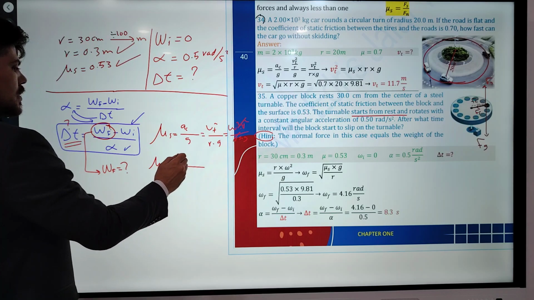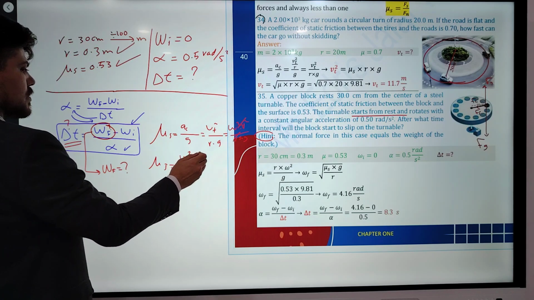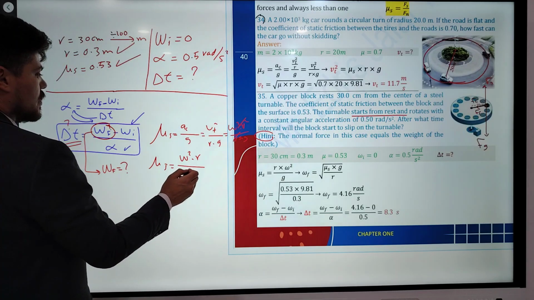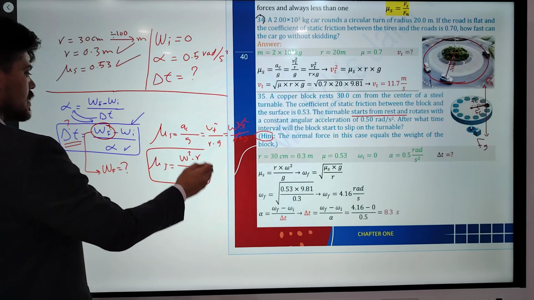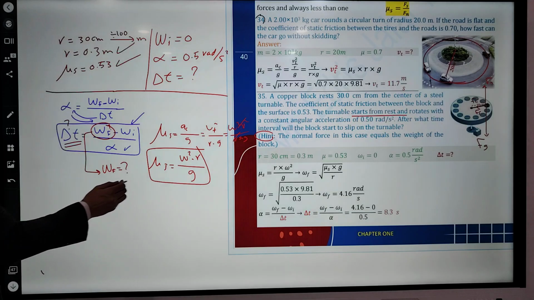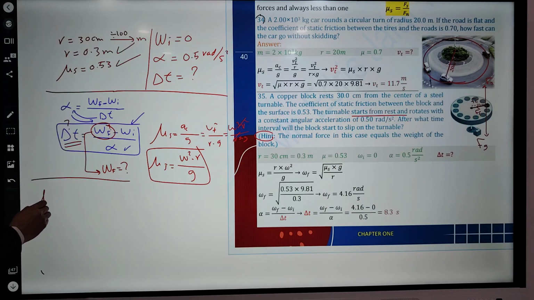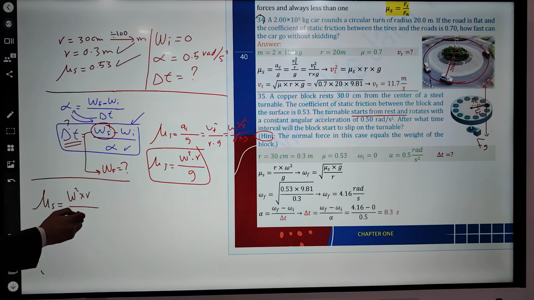Mu s is equal to what? Omega squared r over g. This equation can be used to find what? Omega squared. How? Because mu s is equal to omega squared times r over g, cross multiply.